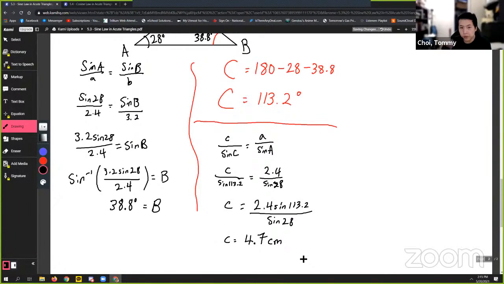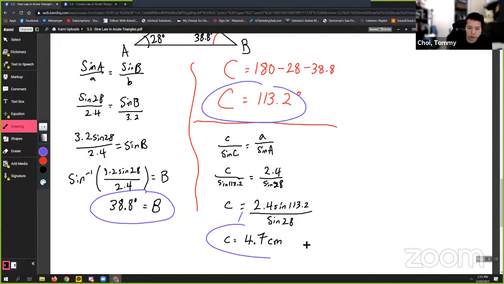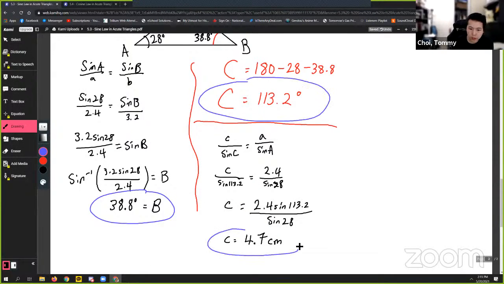And that would be the full solution to your problem, with your first answer, second answer, third answer. So this would be the full solution I should expect to see when you solve a problem like this.